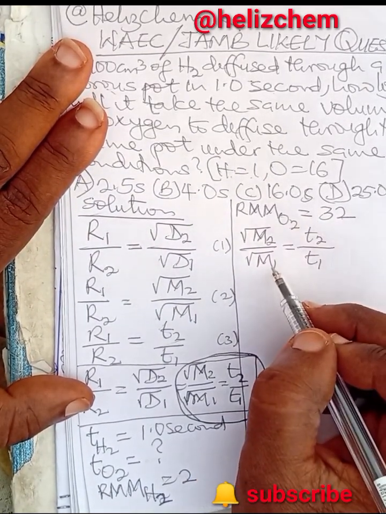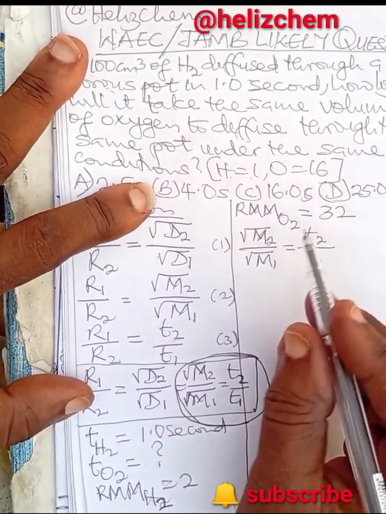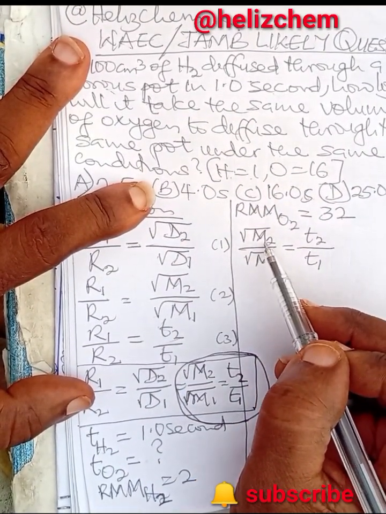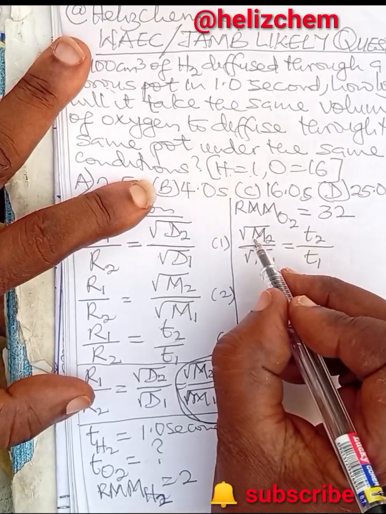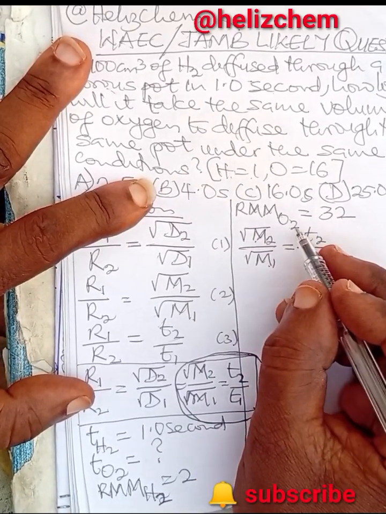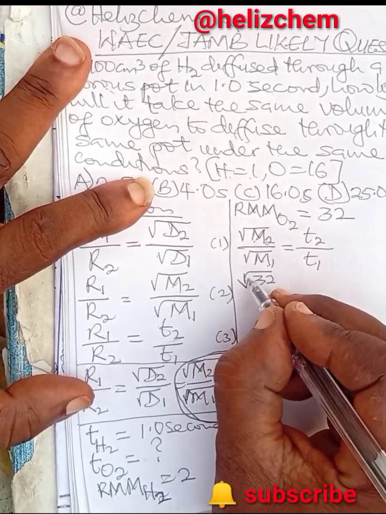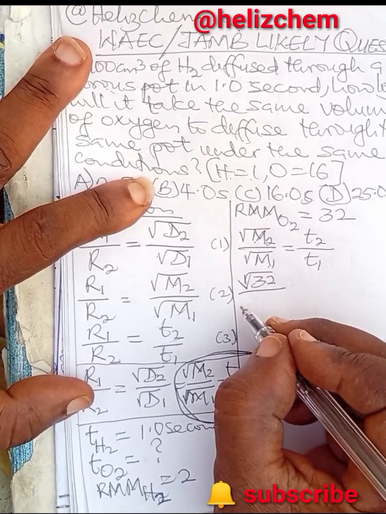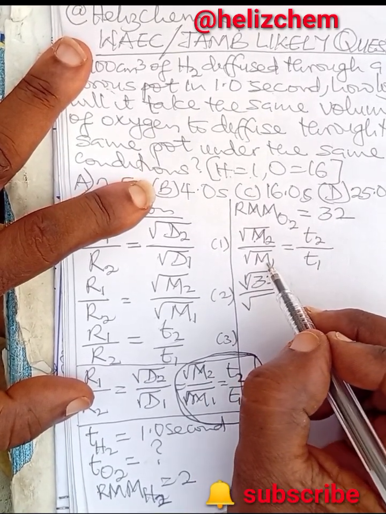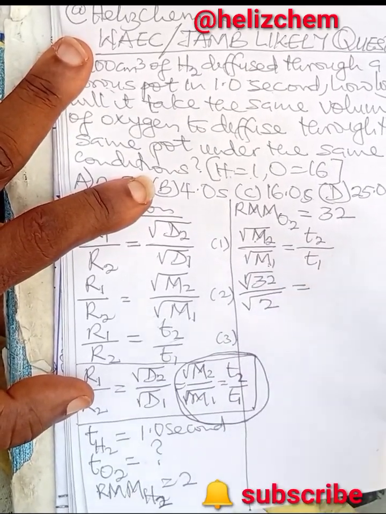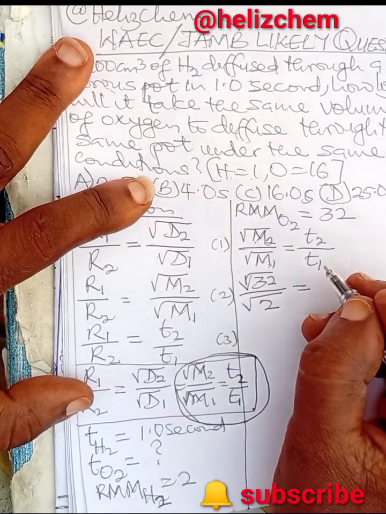Let our hydrogen, which is the first gas, be 1, and our oxygen is the second gas, which is 2. So M2, that is relative molecular mass of oxygen, which is 32, square root 32 over square root M1, which is hydrogen, that is 2, which is equals to T2.